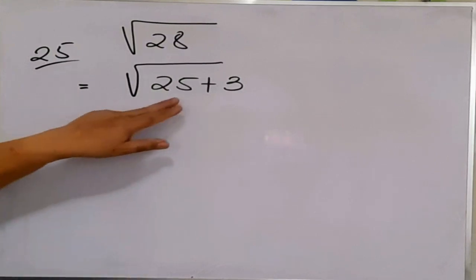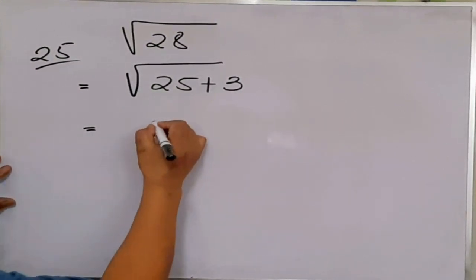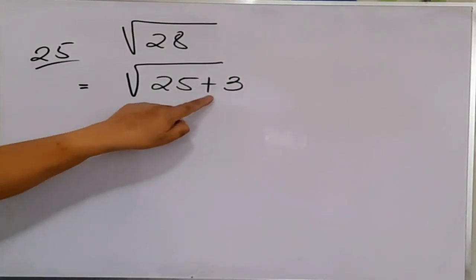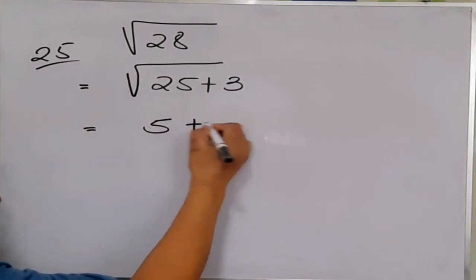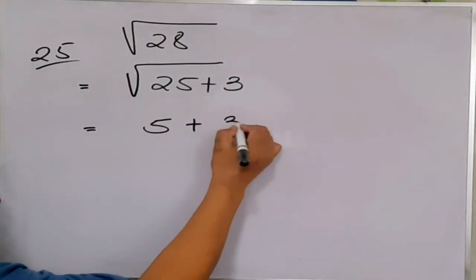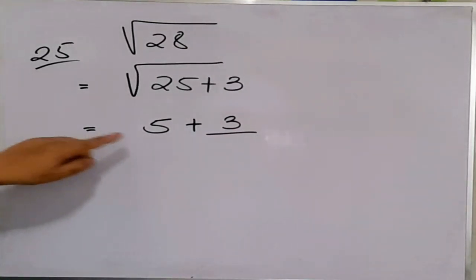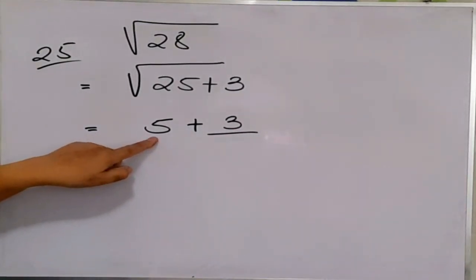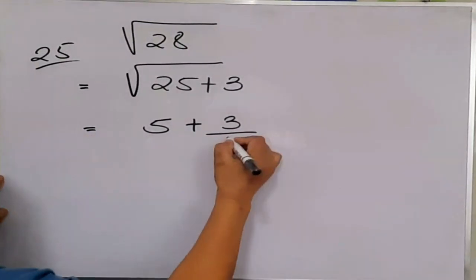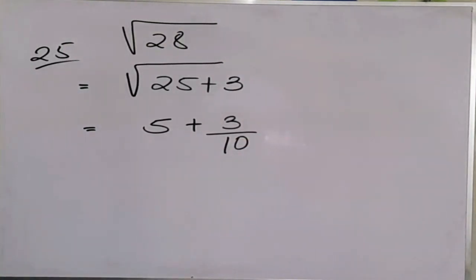Now, the square root of 25 is 5. Your plus sign, copy the number 3 over, double your 5, and that is 5 times 2 is 10.